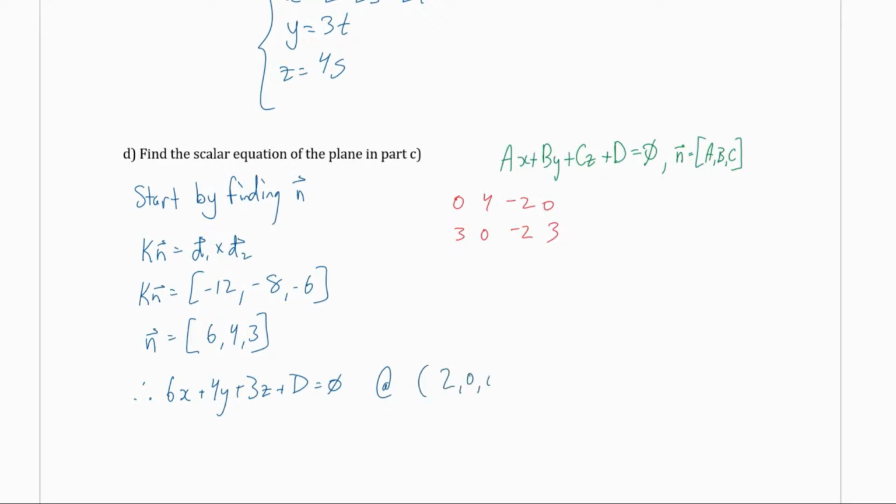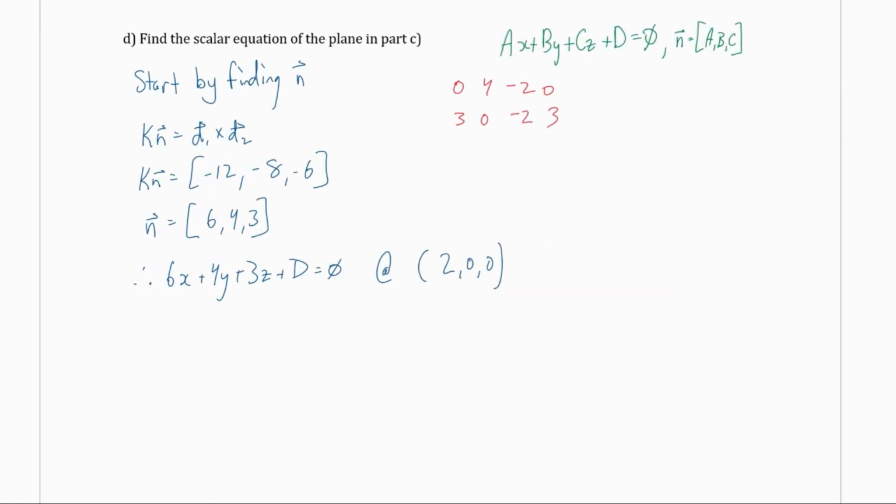So the nice thing about this is I have 3 points and they are intercepts, and intercepts have zeros, so that makes my life easy. So I'm going to sub that in. So I've got 6 times 2 plus 4 times 0 plus 3 times 0 plus d equals 0, which means looks like d is negative 12.